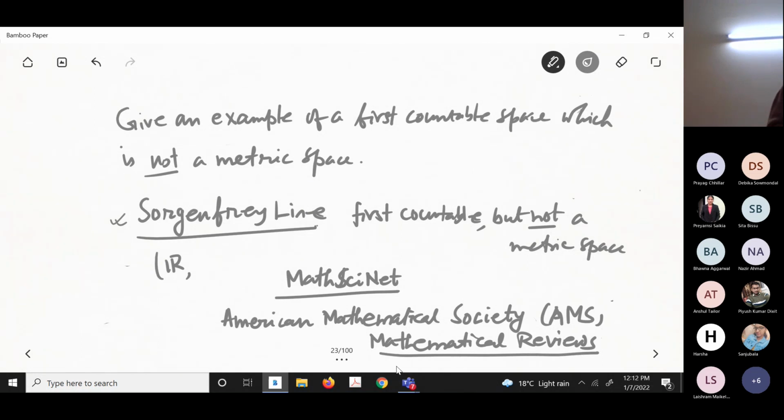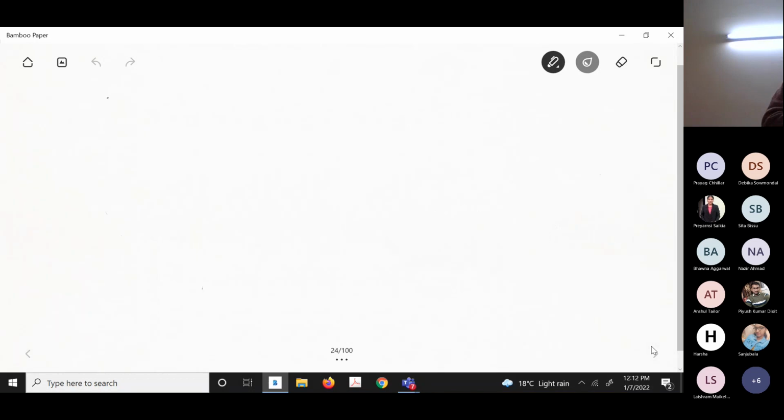Some years back, I think around 15 years back, they started this. This is on the net, basically. Before, they had the book for Mathematical Reviews called MR. Now they have this MathSciNet. Since IIT Delhi subscribes to this, you have access to it.